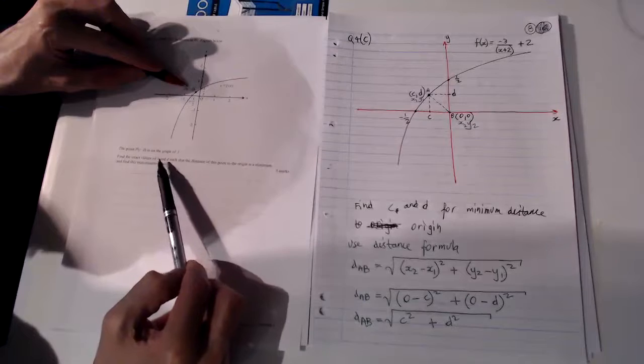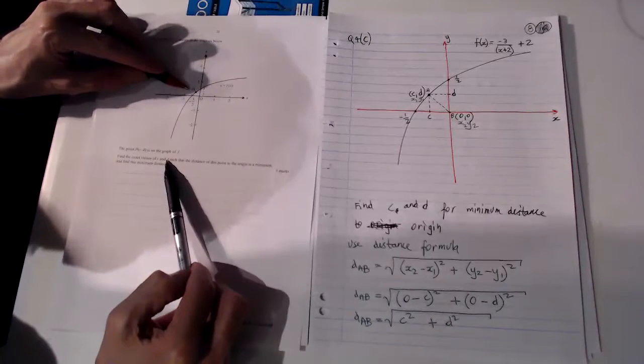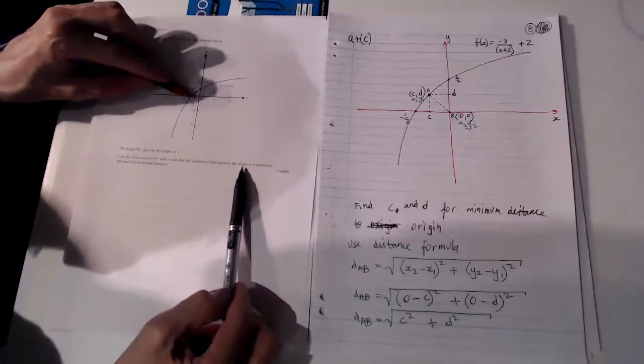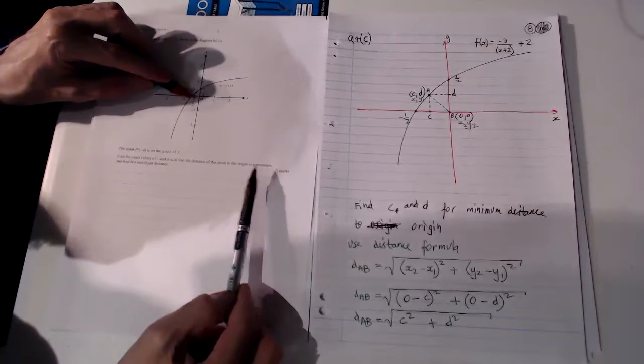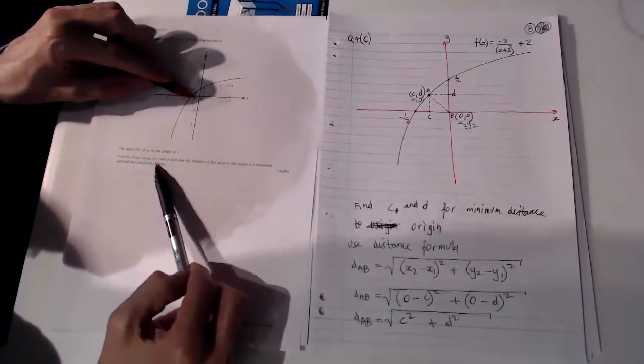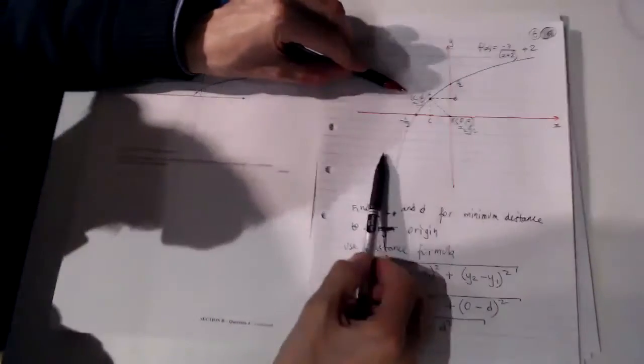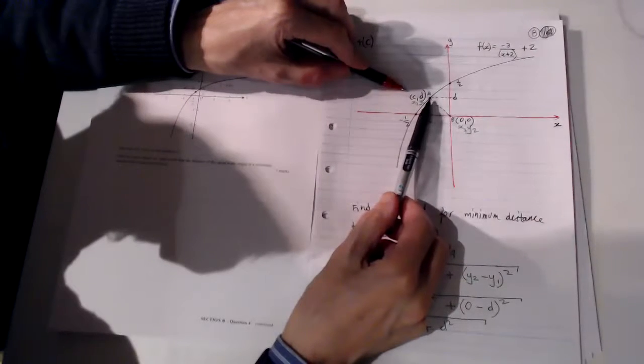Find the exact values of C and D such that the distance of this point to the origin is a minimum. How do you do it? Well, the question is dealing with the f curve. On that f curve, there's a point (C, D).